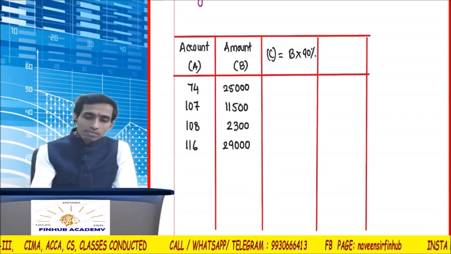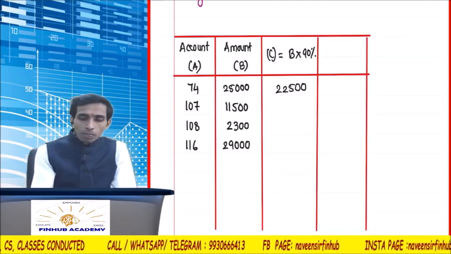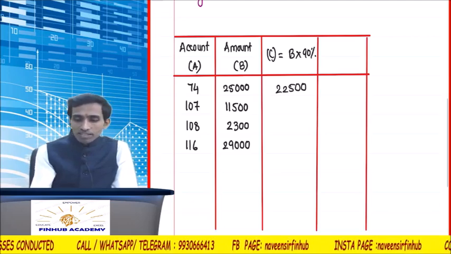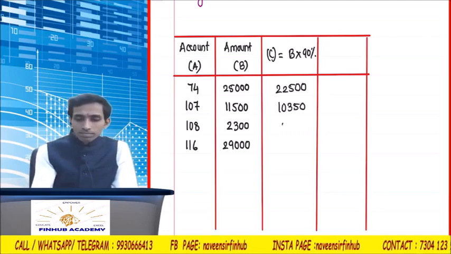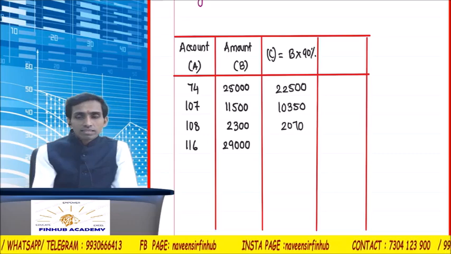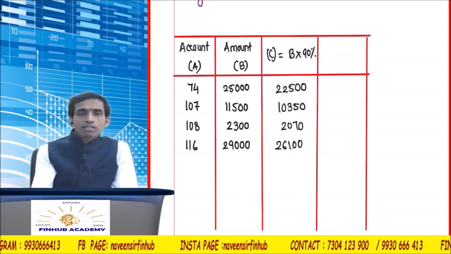Please give me the figures. 22,500 first one. 10,350. 2,070. 26,100.